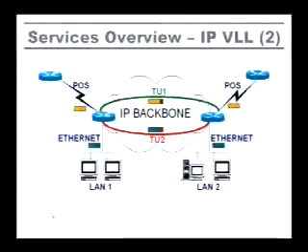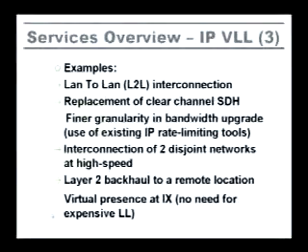Here is an example where you have a tunnel between two POS interfaces or two Ethernet segments. Examples are LAN-to-LAN interconnection. Another example is a replacement of clear channel SDH. For instance, you have no trib cards available anymore for a particular speed, or your DWDM is not capable, for instance, of VC-4-4c, and the service would be router-to-router interconnection.